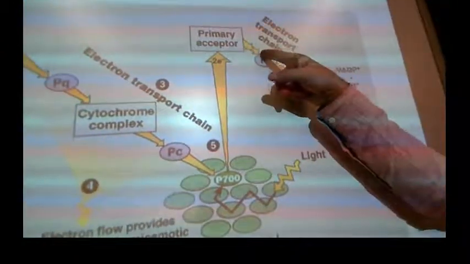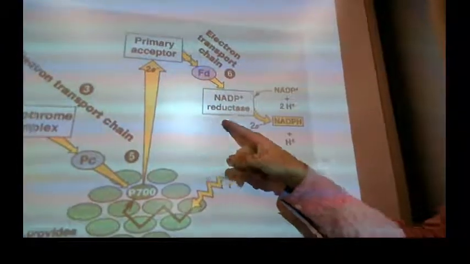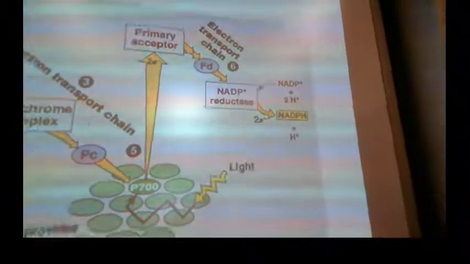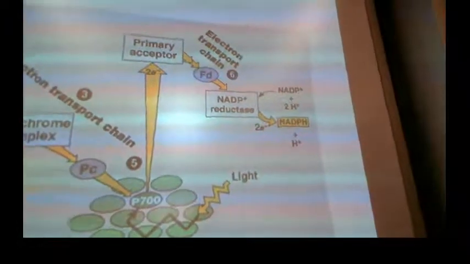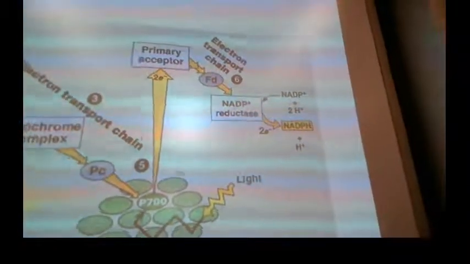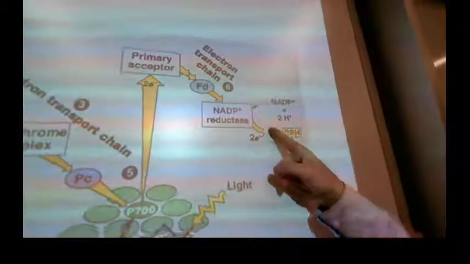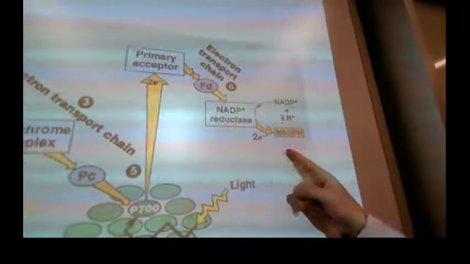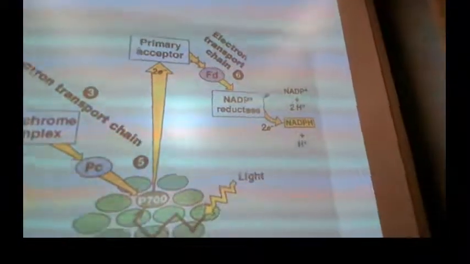They're going to move through a series of proteins, and they're going to end up in what is called NADP plus reductase. Again, we'll look at these in a little bit more detail in a second. NADP plus reductase is going to turn NADP plus and 2 hydrogens into NADPH. And this is our electron carrier.